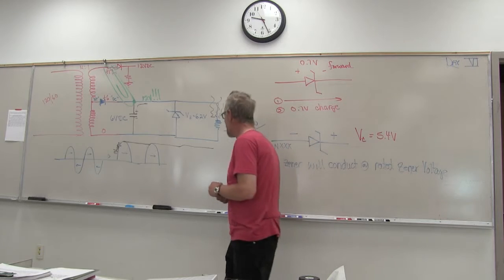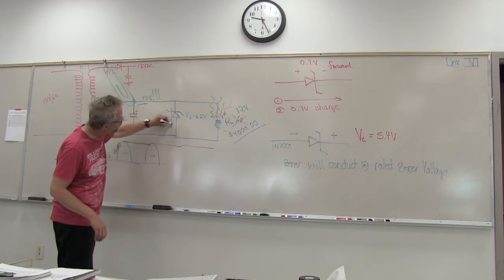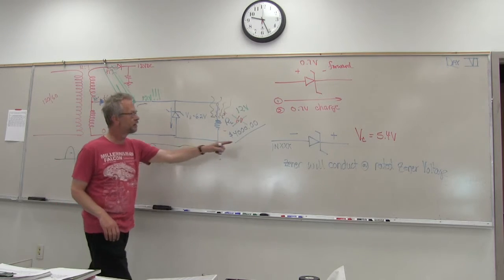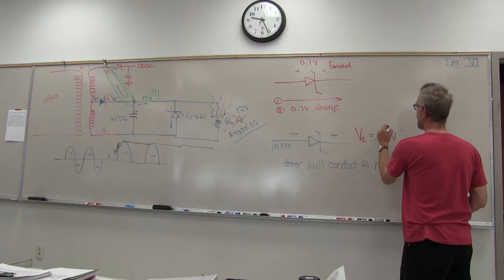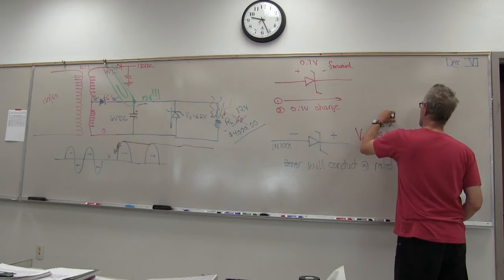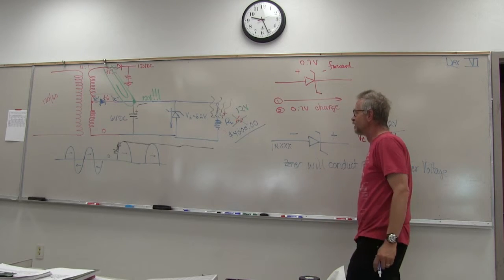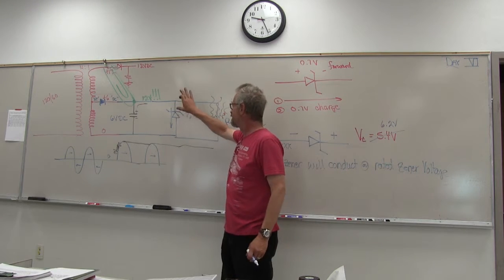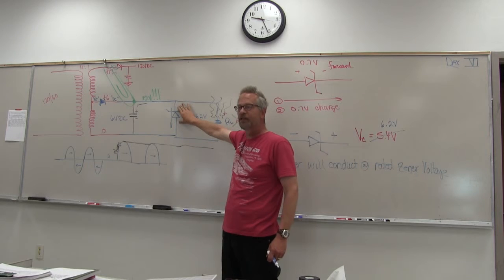Okay? What a Zener diode will do is it will begin to conduct in the backwards direction at its Zener voltage. We said that this one is not 5.4, it's 6.2 volts. That's what we wrote down here. Which means that when the pressure gets to 6.2 volts, this Zener diode will start to conduct.